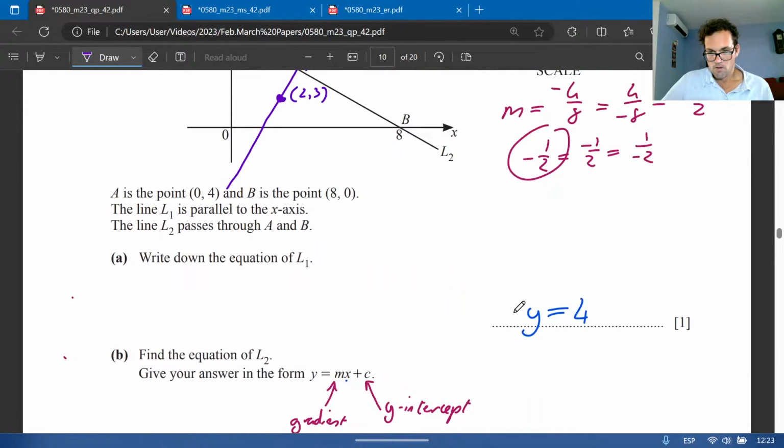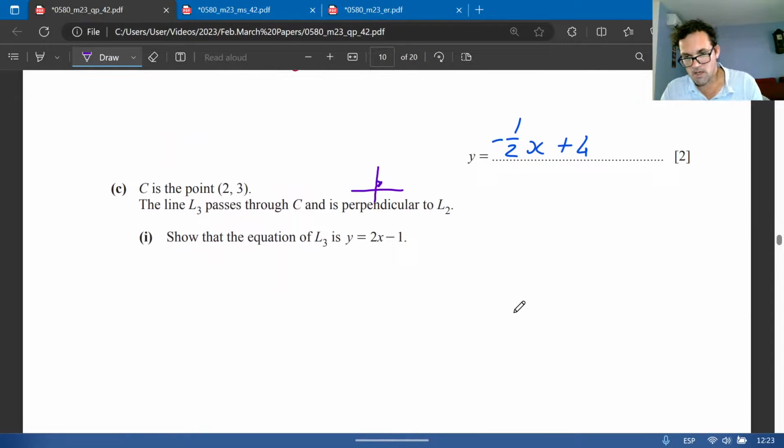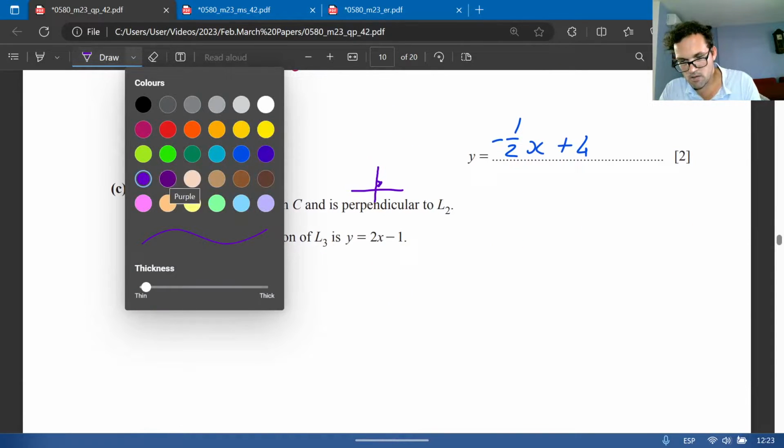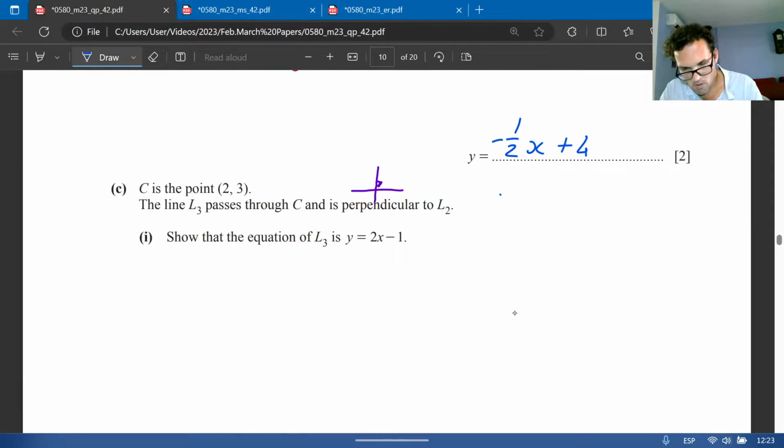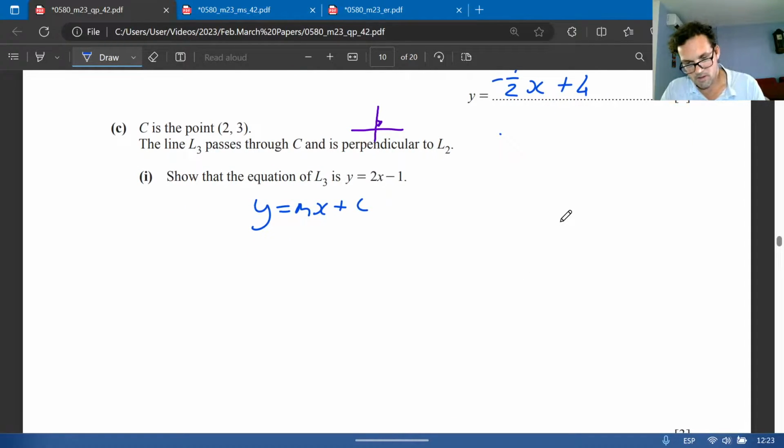Okay, so again, we need to use the equation of the line, which is y equals mx plus c. So first, the gradient. We know the gradient of line 1 equals minus a half.